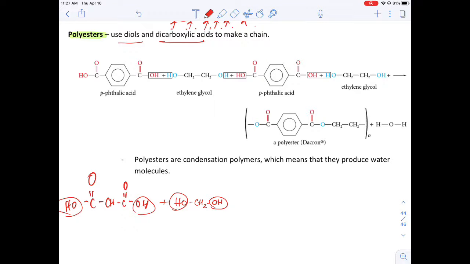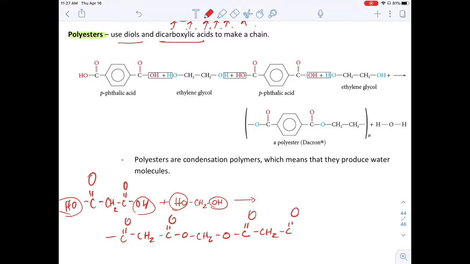And so I'm going to end up getting a repeating unit that has a C double bond O, CH2, CH2, C double bond O, O, and then I get that ester linkage, CH2, CH2, and then O, and that's where my next ester linkage is.